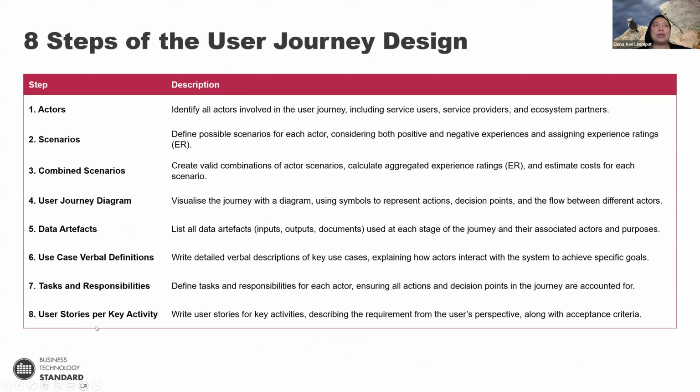So we have an 8-step user journey design, which will give you a path to go forward towards the user story, which can be used directly by the development team. So that's a very nice linkage from the business design towards the development, essentially.